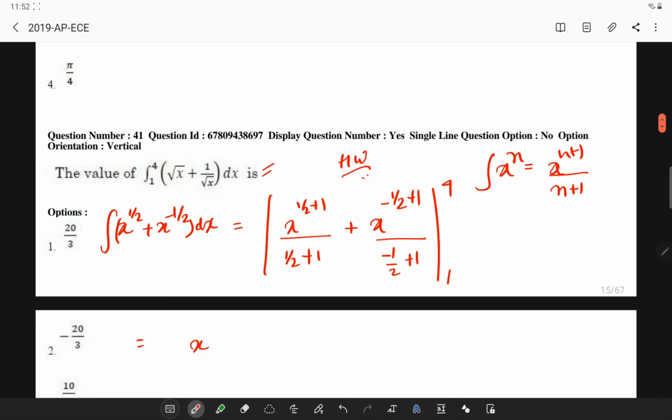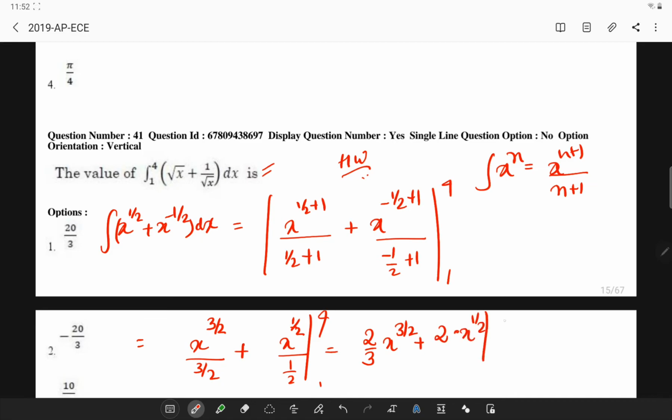So this will be simply x power 3 by 2 divided by 3 by 2 plus x power 1 by 2 divided by 1 by 2. So I can simply write it as 2 by 3 into x power 3 by 2 plus 2 into x power 1 by 2 with limits 4 and 1.